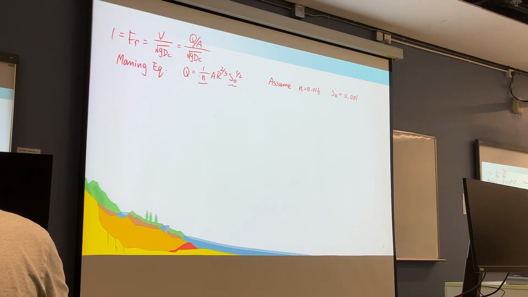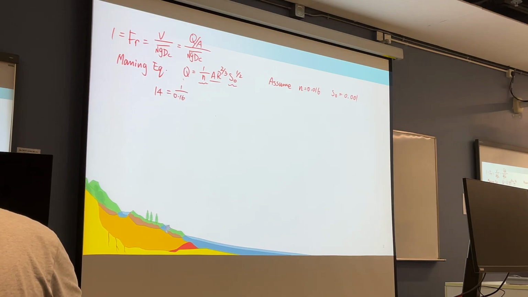Now, if we would like to determine the water depth, the normal depth Yn, because we know the discharge, all right. But the AR for this situation, we cannot assume that R_H is equal to y, because this is not a rectangular channel. So we will find that Q is 40 meter cube per second is 1 over 0.016.